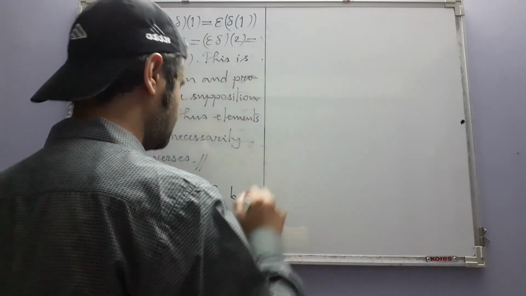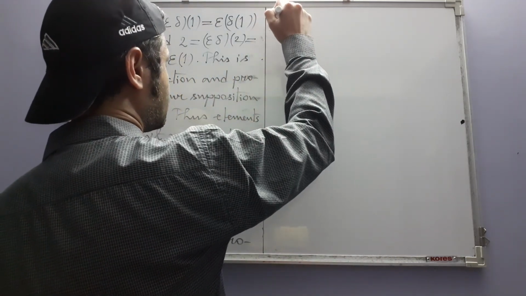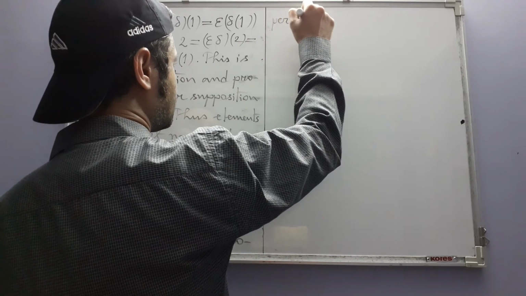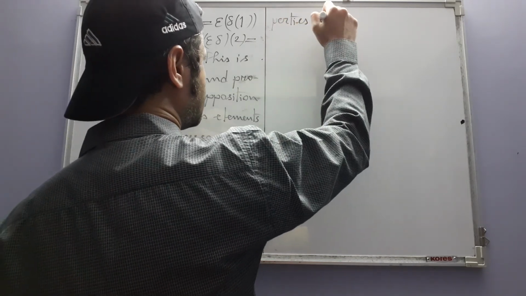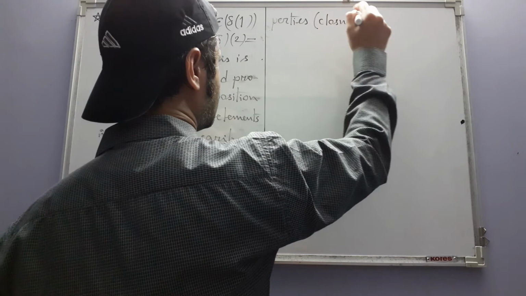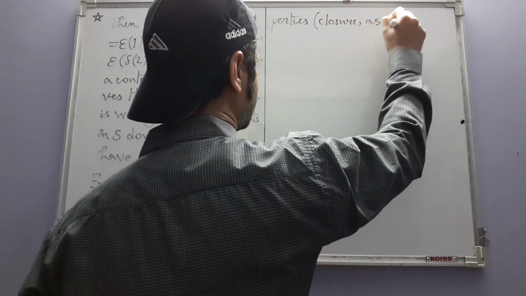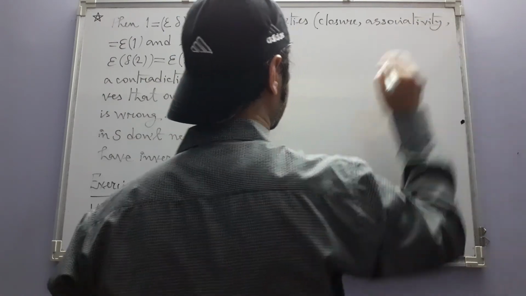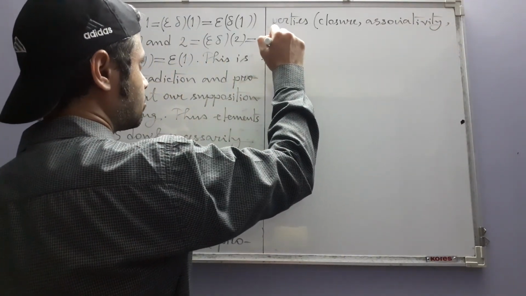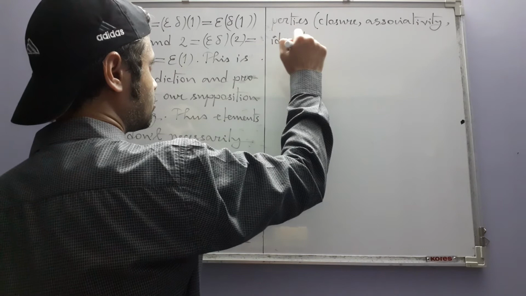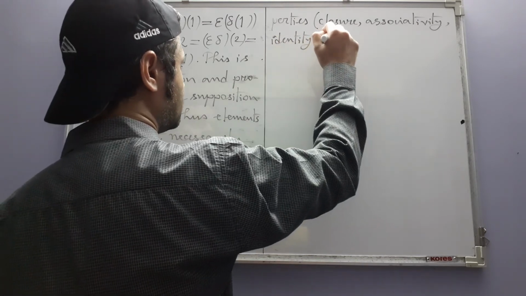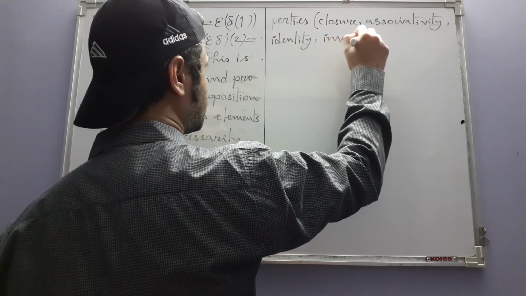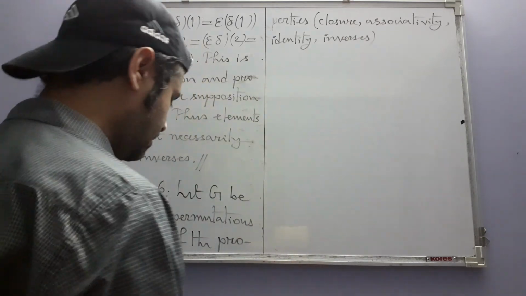Which of the following properties: closure, associativity, identity, and inverses.